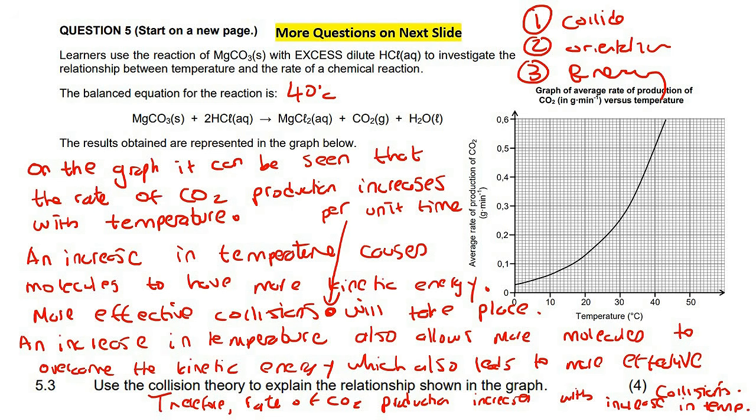So more effective collisions per unit time will take place. I've added a little bit extra here. This is worth more than 4 marks, to be honest, but I just want you to have the full understanding of the reasoning behind this question.